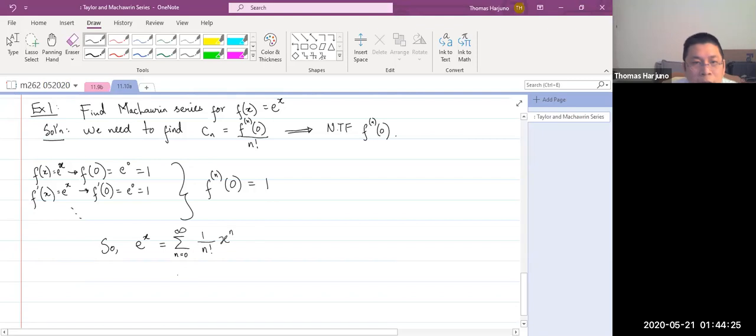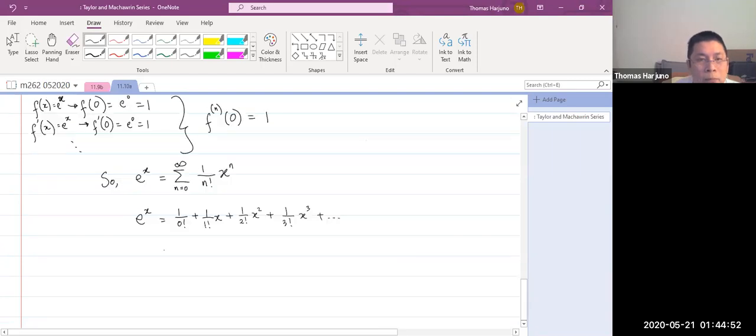If I expand it, it looks like: when n equals 0, that's 1 over 0 factorial, plus 1 over 1 factorial x, plus 1 over 2 factorial x squared, plus 1 over 3 factorial x cubed, and so on and so forth. Now 0 factorial is 1.